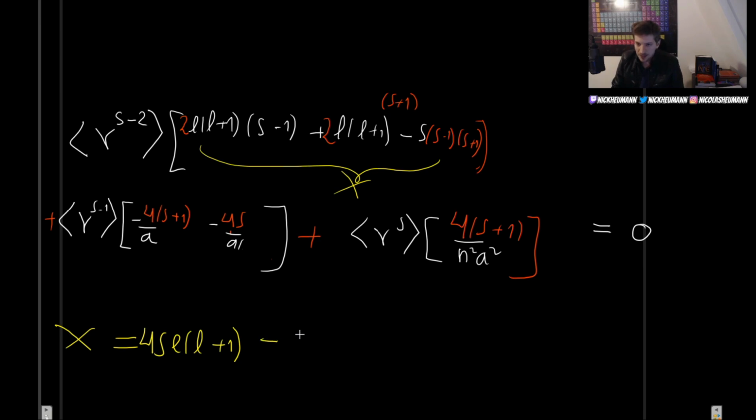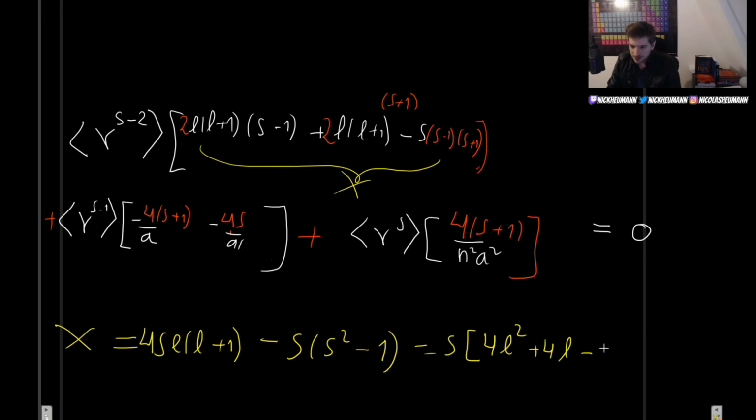And then we have minus s, and this right there is simply s cubed minus 1. So we can factor out an s from all of this. So we are going to get s times 4l squared plus 4l, multiplying through, minus s squared plus 1. And here we can notice that we have actually a perfect square term. So we get s, my tablet lagged, s times 2l plus 1, right?